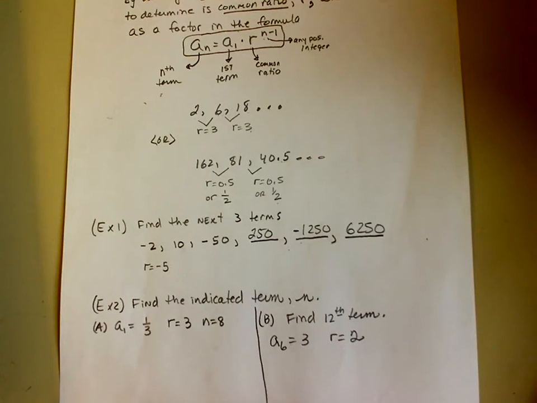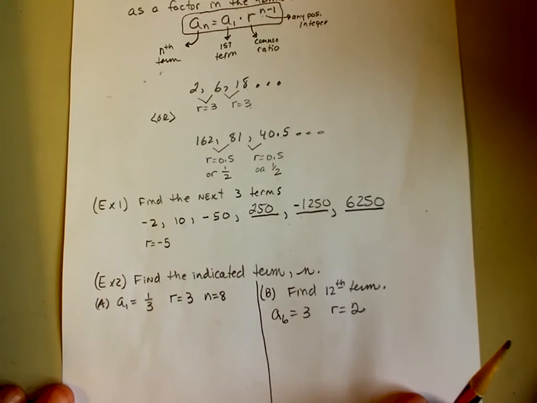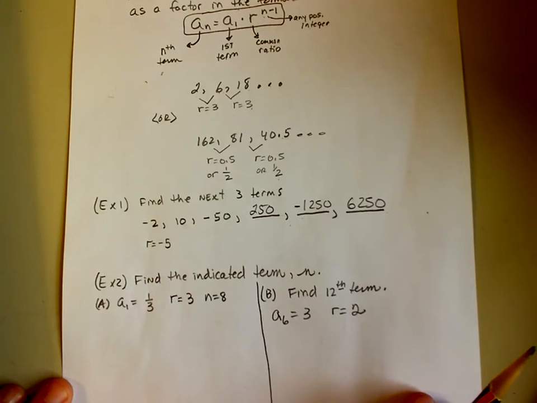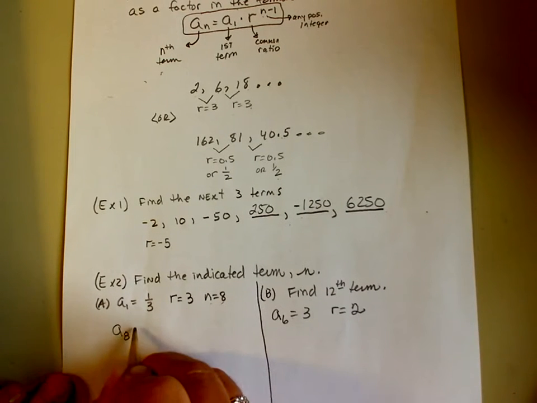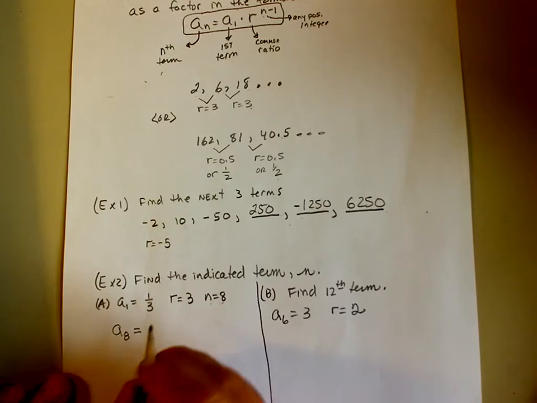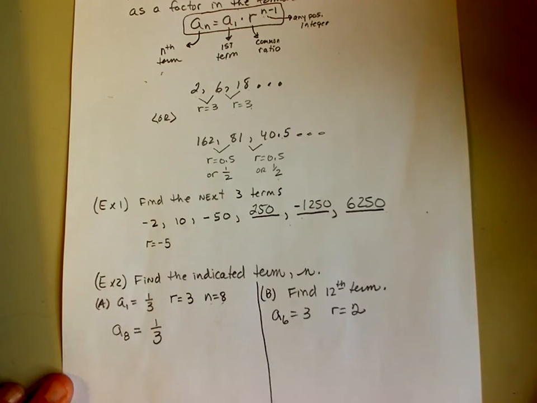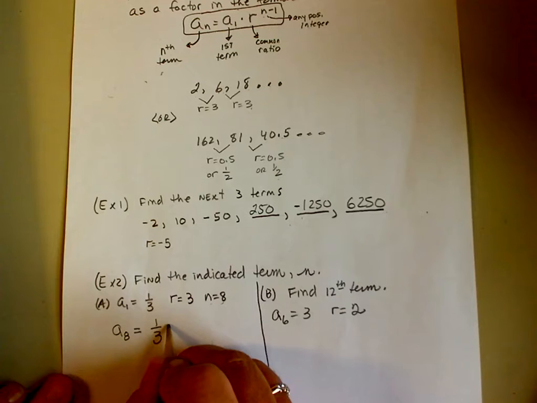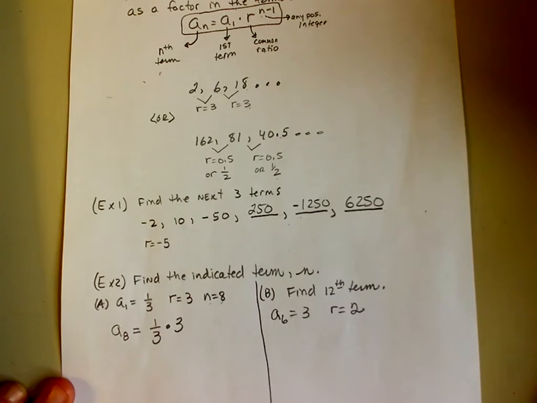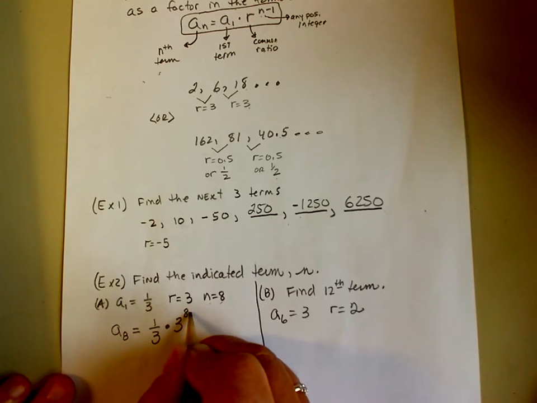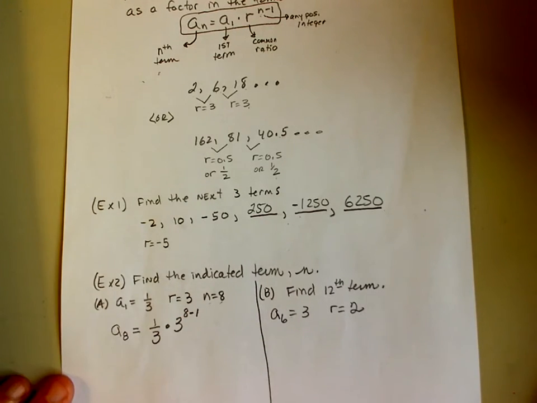To find an indicated term n in the sequence, again, if we use the formula, we will be able to find the 8th term. So a sub 8 is the 8th term of this sequence. The first term is 1/3. r, the common ratio or factor that we're going to use to multiply by, is 3, and then we're going to take it to the n minus 1.